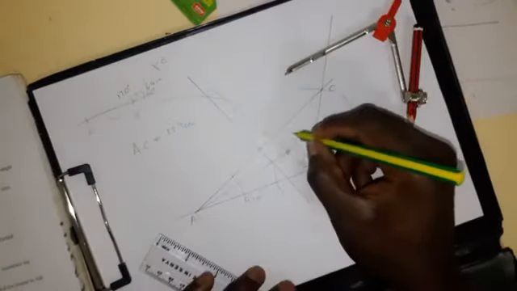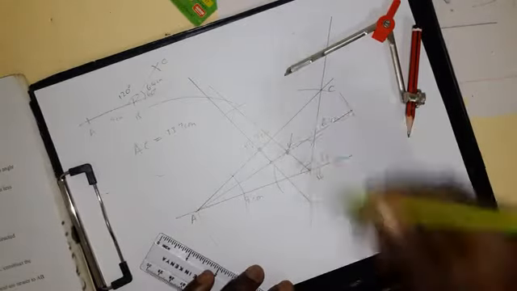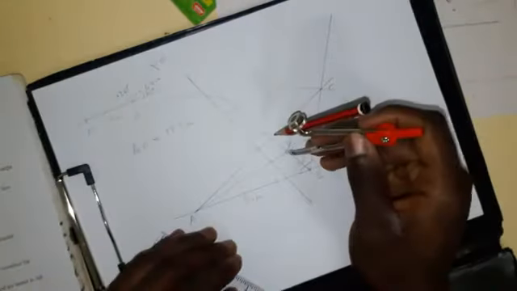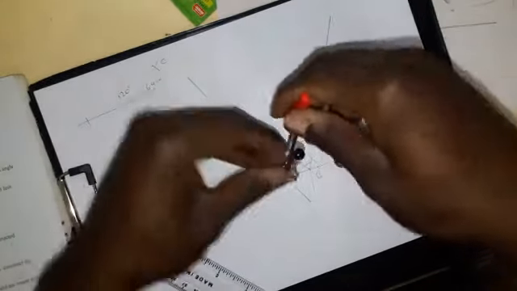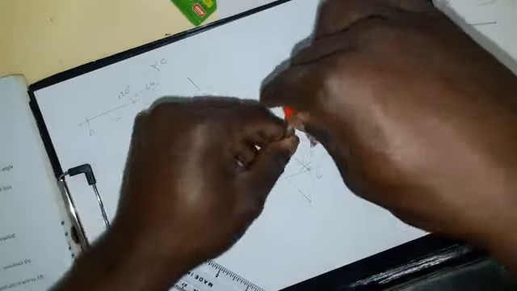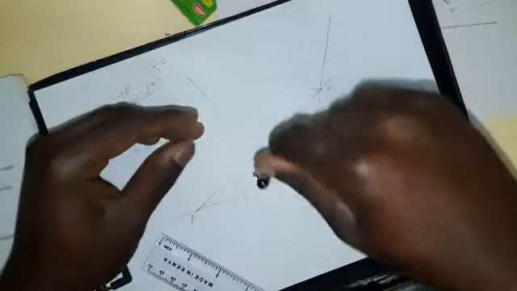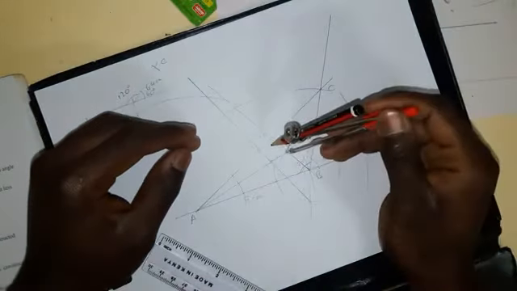Let me draw it in green. That one gives us the locus of points that is equidistant from BC and AC. So basically, if I just prove it here, you'll notice that I can draw a radius as inscribed circle that will touch those two points.